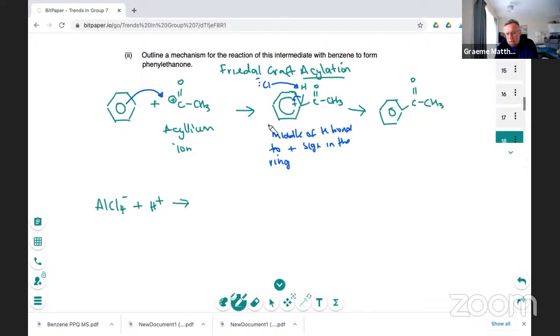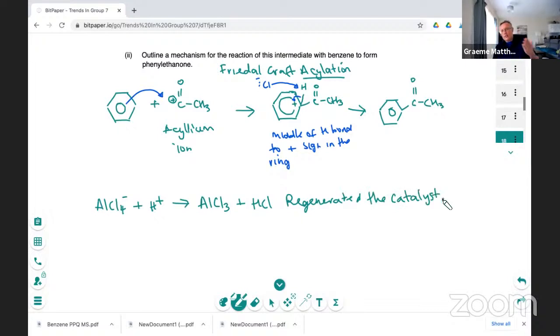This is a proton from the ring that it picked off. And you have AlCl3 and HCl. In other words, you've regenerated the catalyst. Oh, I do like this paper. Now look at that, that is lovely. Right, regenerated the catalyst. I was writing really quick on my tablet there. Okay, just testing it out.